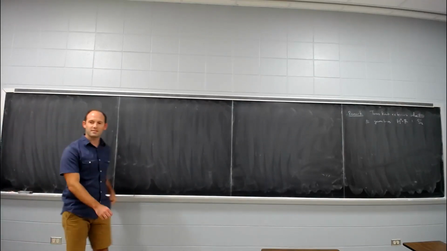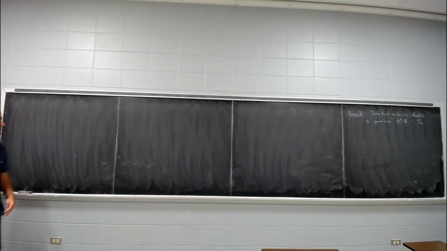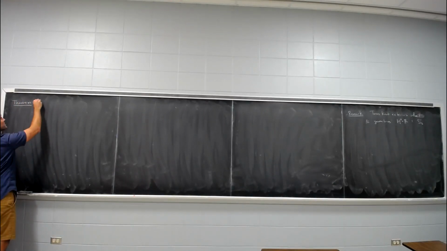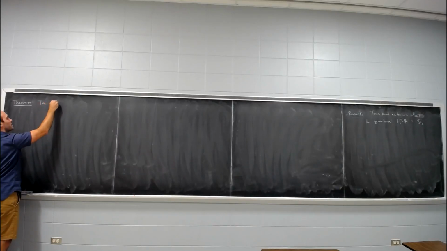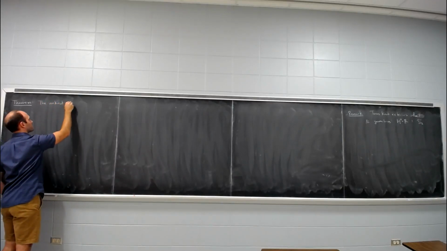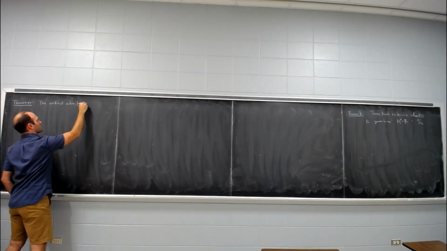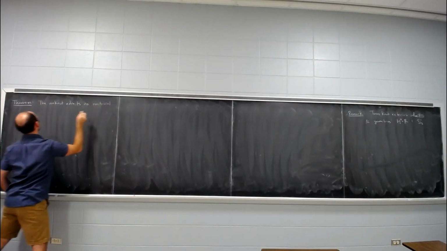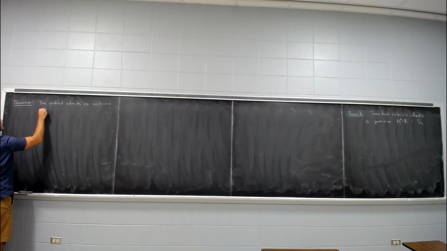Okay, so I think the first thing I want to do today is go over the proof of one of the exercises that I listed last time that you guys all attempted to do outside of class. Okay, so the theorem that I want to prove is that there are no non-trivial companions.